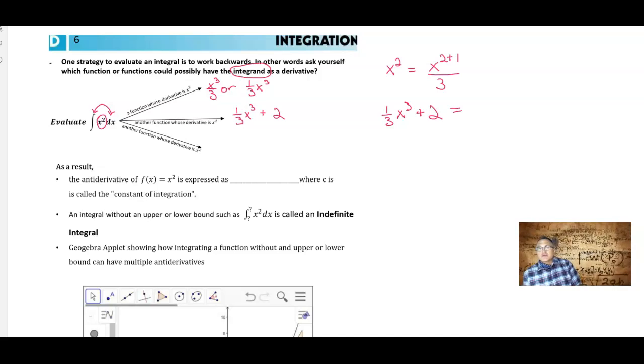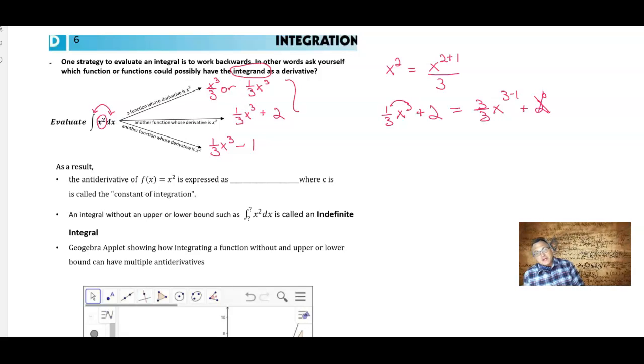The exponent comes out front, we subtract 1 from the exponent, and we don't write the constant. So this function's derivative would also be x squared, and I could come up with an infinite number of these functions that have the same derivative.